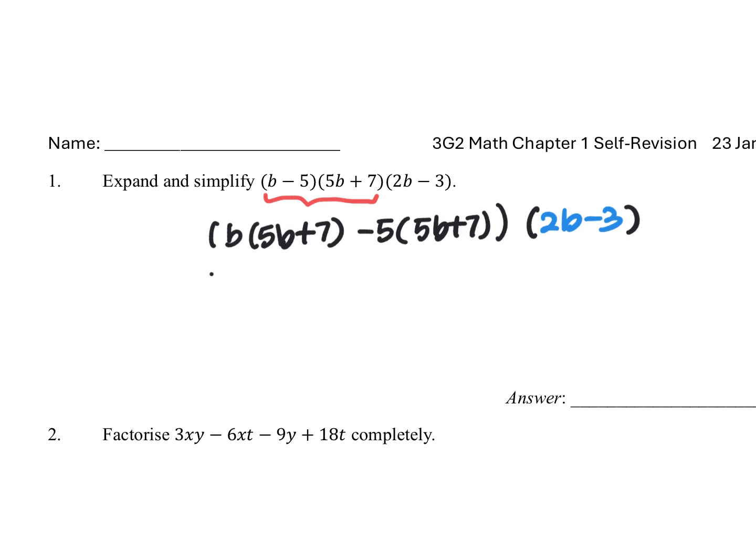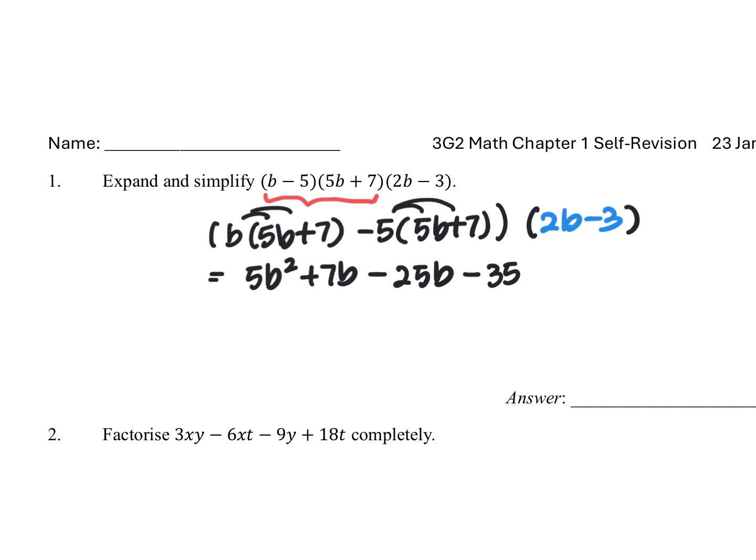Next, let me expand this bracket. We'll get 5b squared plus 7b, and negative 5 times 5 will become negative 25b. Negative 5 times positive 7 is negative 35. But this whole thing still needs to be multiplied to another 2b minus 3.